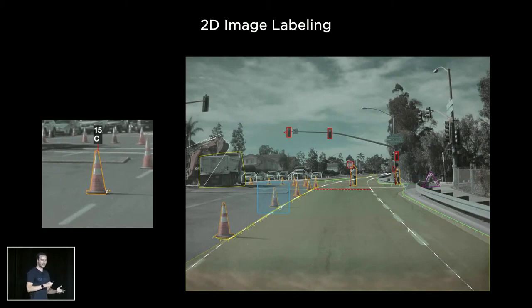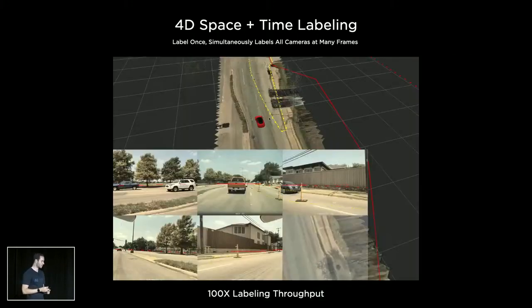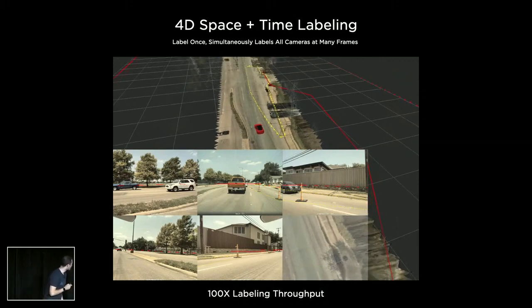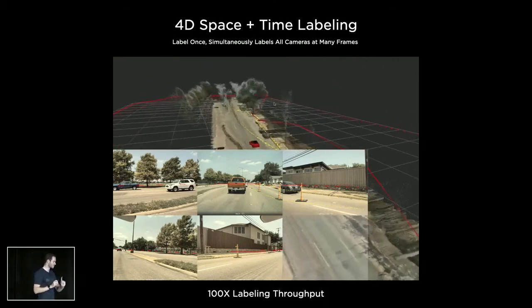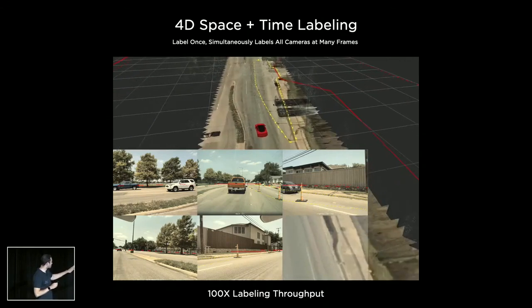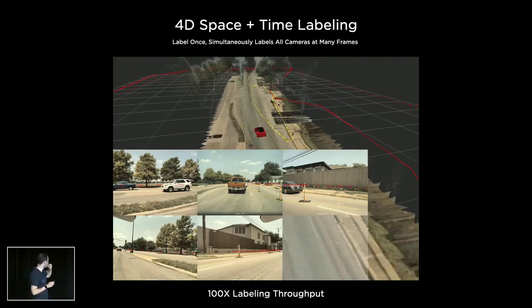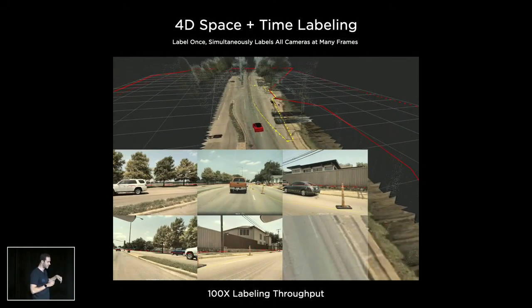So very quickly, we graduated to 3-dimensional or 4-dimensional labeling, where we are directly labeling in vector space, not in individual images. So here what I'm showing is a clip and you are seeing a very small reconstruction. You're about to see a lot more reconstructions soon, but it's a very small reconstruction of the ground plane on which the car drove, and a little bit of the point cloud here that was reconstructed.